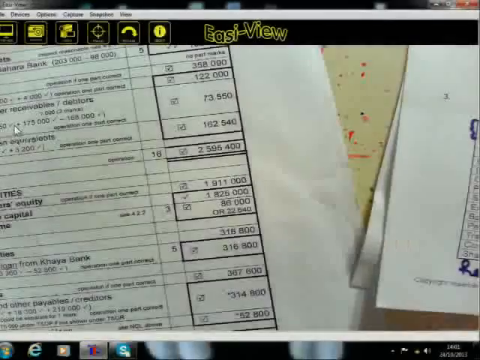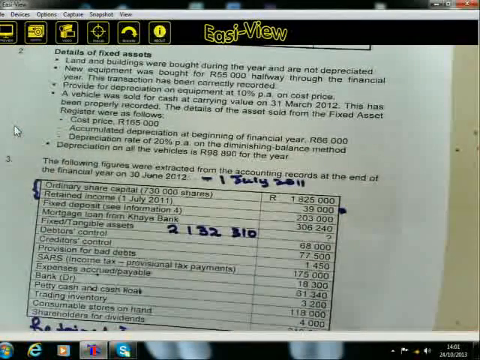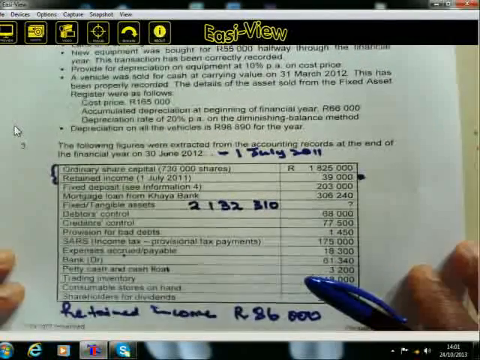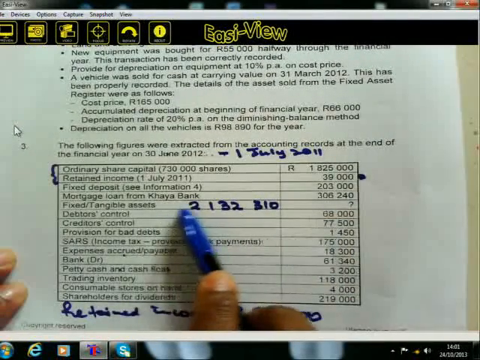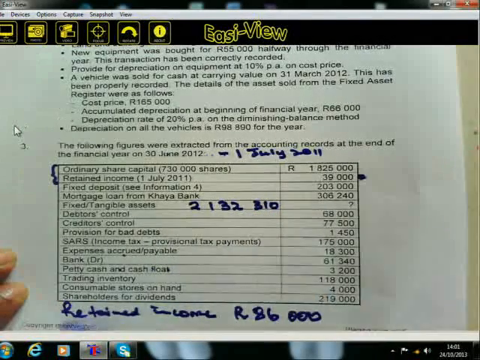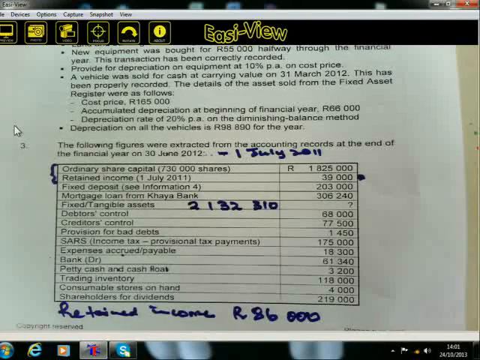Mine is to enter the figures that I've already indicated to you, that these ones are given. In my balance sheet, I'm just going to enter the tangible asset amount and also the retained income amount. Then thereafter, we'll be doing the workings in the face of our balance sheet.